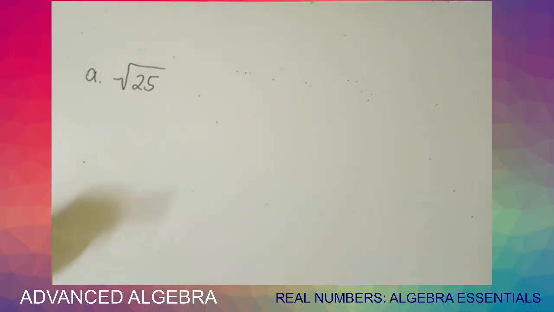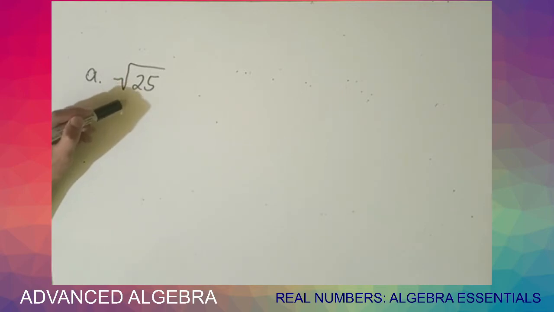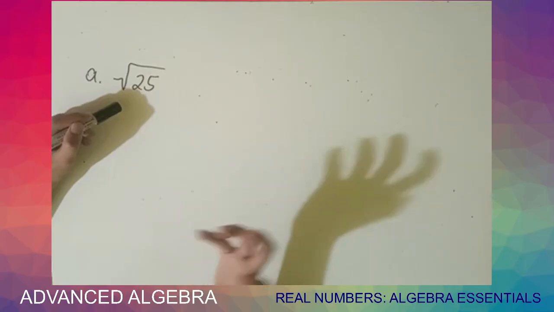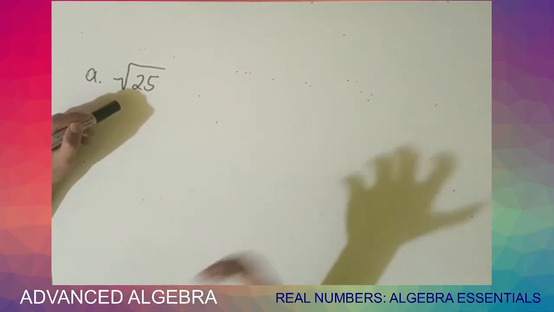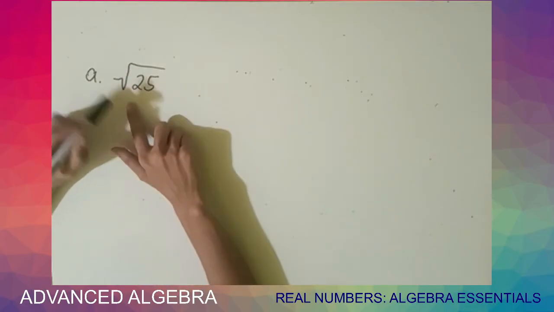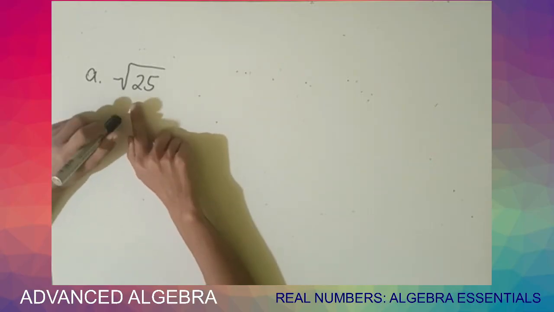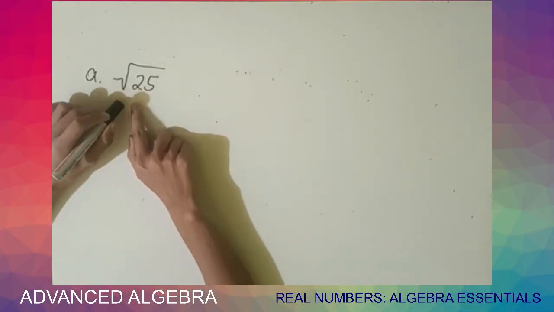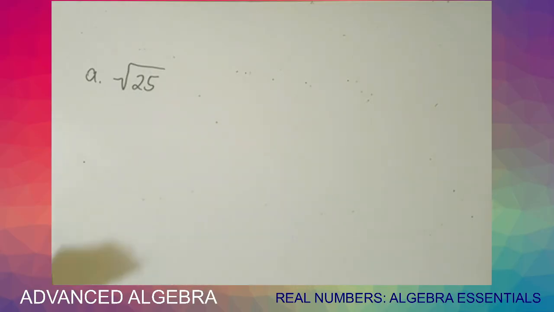Paano natin masasabi yung number natin is irrational or rational? Malalaman lang natin siya as rational or irrational kapag sinimplify natin. Since ito ay may radicals, isimplify muna natin. Ano yung square root ng 25? What is the square root of 25? Okay. 5. Na-simplify na natin, kaya pwede natin sabihin kung rational siya or irrational.